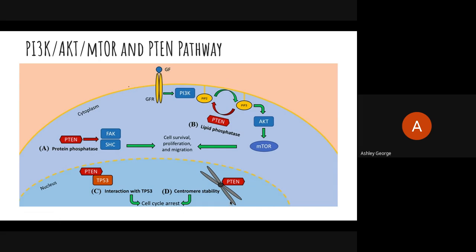And then same over here with D, PTEN can preserve the stability of the chromosomes through the centromere, which is this center connection here, this darker circle, which helps to hold the chromosome together. So by the PTEN helping to stabilize the centromere and stabilize the chromosome, it can lead to cell cycle arrest.